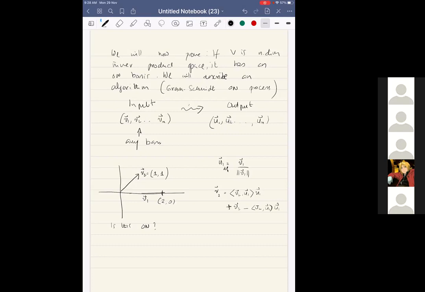You just write V2 in this form, and then I claim (A) V2 minus the inner product of V2 and U1 times U1 is non-zero, and (B) the inner product of that vector with U1 is 0.